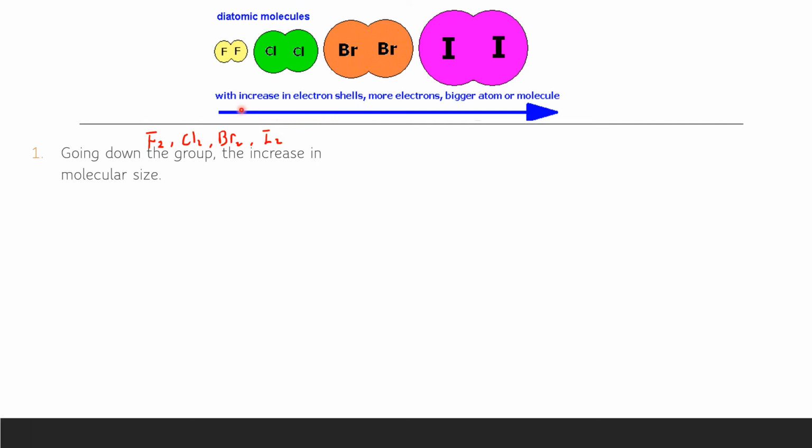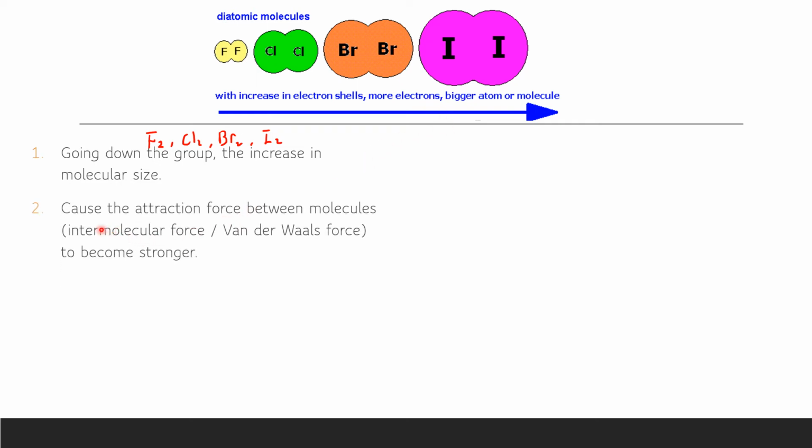When going down the group, the increase in the electron shells causes the molecular size to become bigger. Or you can say bigger atomic size or bigger molecular size, but here we refer to the molecular size. The increase in molecular size will cause the attraction force between the molecules to become stronger.